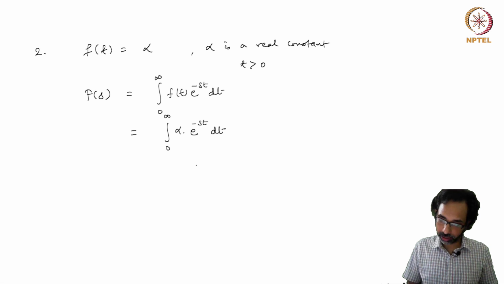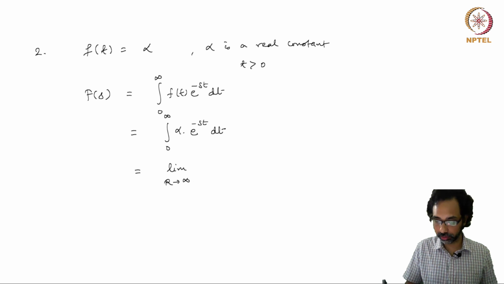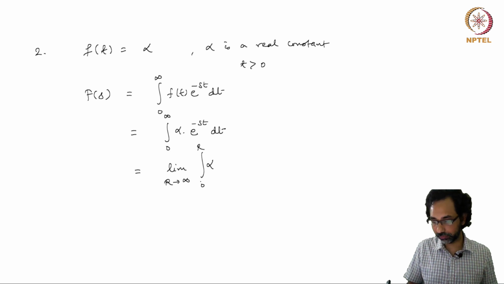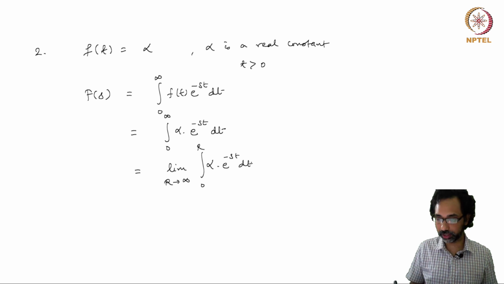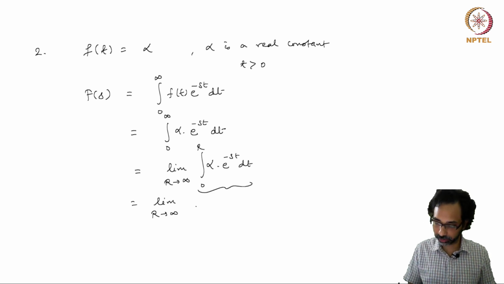Now I am going to use again this limit formula. So this is the limit as r goes to infinity of the integral from 0 to r of alpha e to the minus st dt. This integral inside the limit can be evaluated explicitly.